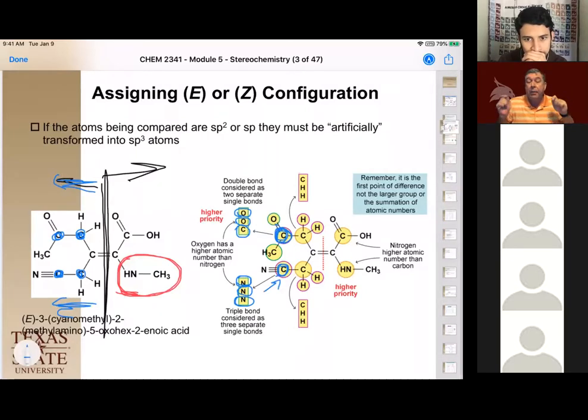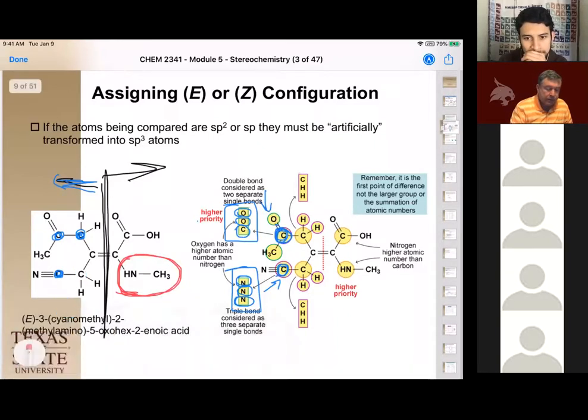Now we have a difference. Oxygen is atomic number 8. Nitrogen is atomic number 7. We have something with a higher atomic number, and therefore it is assigned higher priority. So this group is the higher priority on this side.